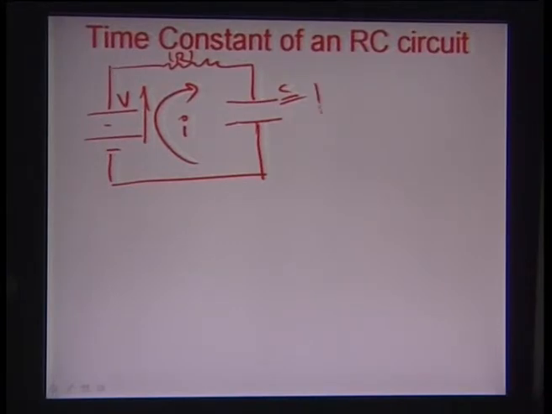So V essentially is also equal to, by Kirchhoff's law, IR plus the voltage across the capacitance, which is actually Q, the charge, and let's write small q here in the interest of clarity, divided by the capacitance C. That's what the voltage drop is across the capacitor, and there is a drop across the resistor, and together these drops are the same as the voltage which is provided, in the interest of conservation of energy.